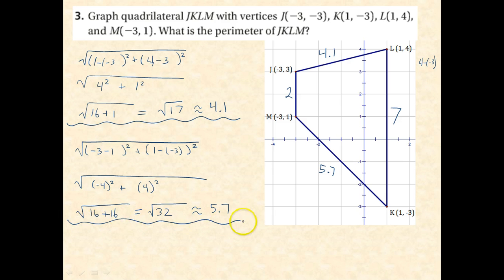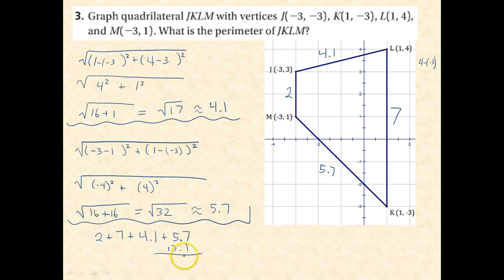Now the perimeter is the sum of all these sides, so we need to do 2 plus 7 plus 4.1 plus 5.7. And let's see, 2 plus 7 is 9. Plus 4.1 is 13.1.